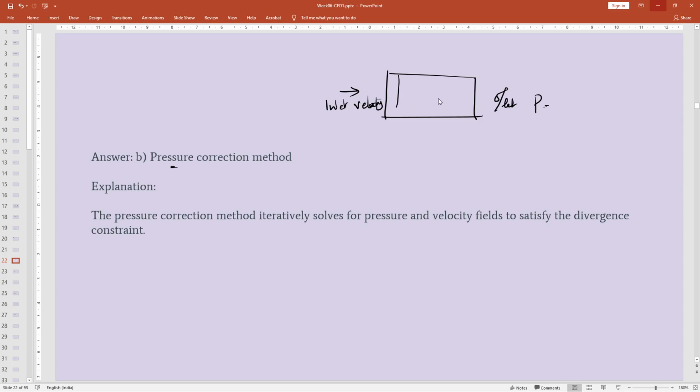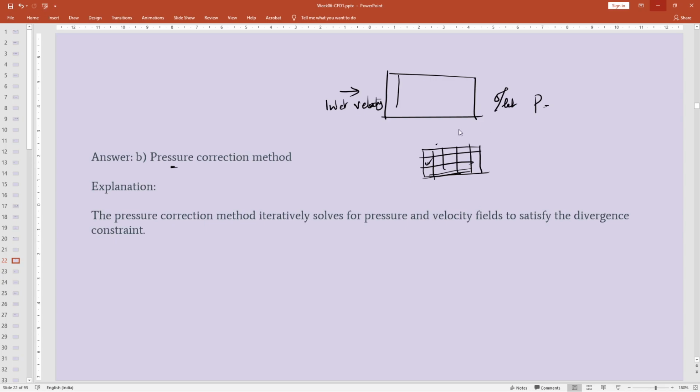So one method is we will be having two meshes, one mesh for u and another mesh for p. It will be simultaneously solved: at an instant you solve for u, then it will be solved for pressure. Then again for the next time step it will be solved for u, like that in a zigzag, coupled manner.